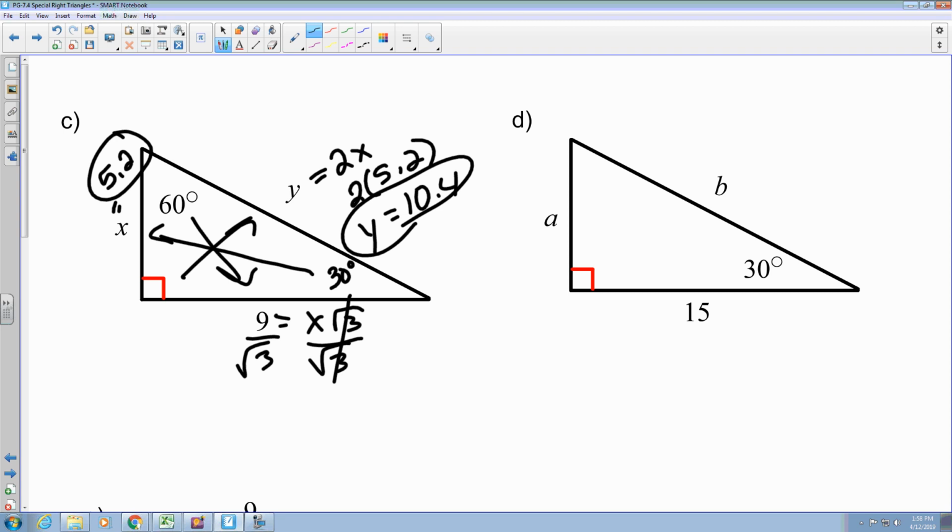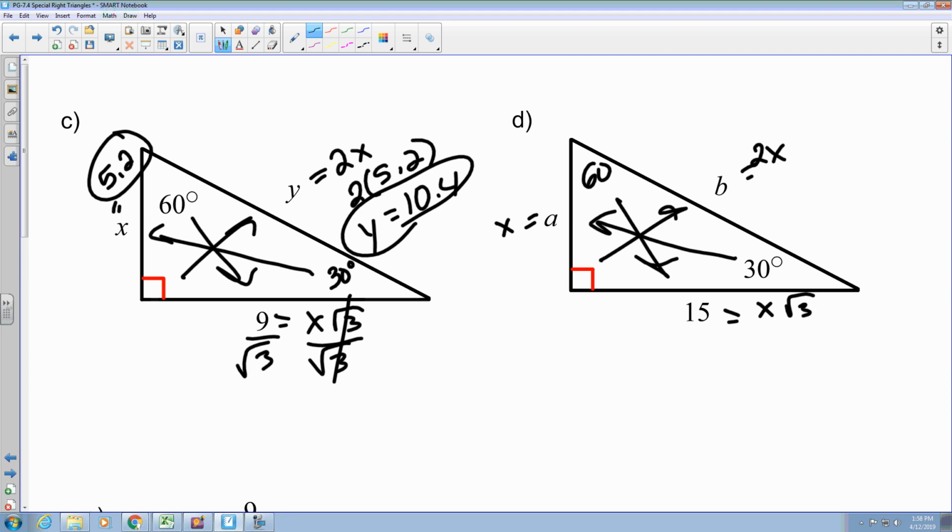So here we have another 30, 60, 90 right triangle. So 30 here, that equals x from the formula. This here is going to equal 2 times x. And then again, this right here is going to equal x times square root of 3.